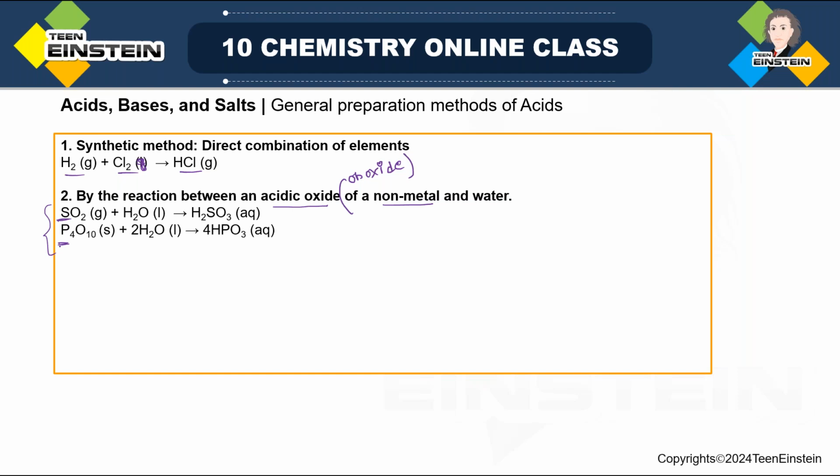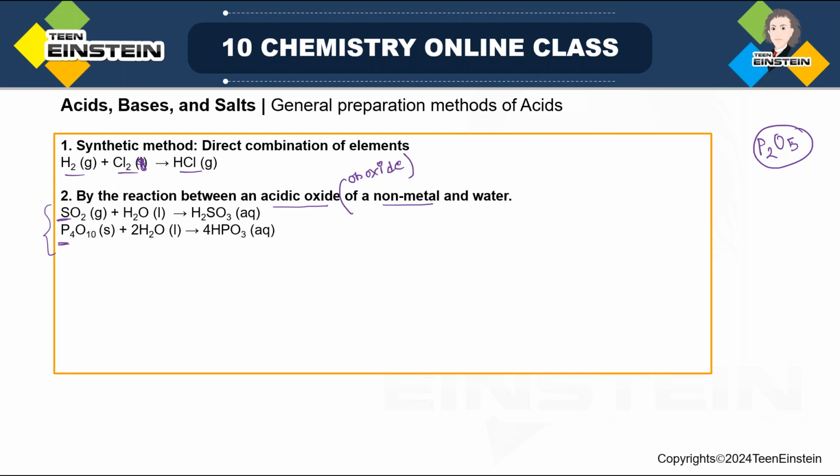Here we have taken the acidic oxide sulfur dioxide, combining it with water, and there is formation of the acid, sulfurous acid, H2SO3. Similarly, we have taken an oxide of phosphorus, P4O10. There is another oxide, P2O5, which is the monomer; if you double this, you get the dimer, P4O10.